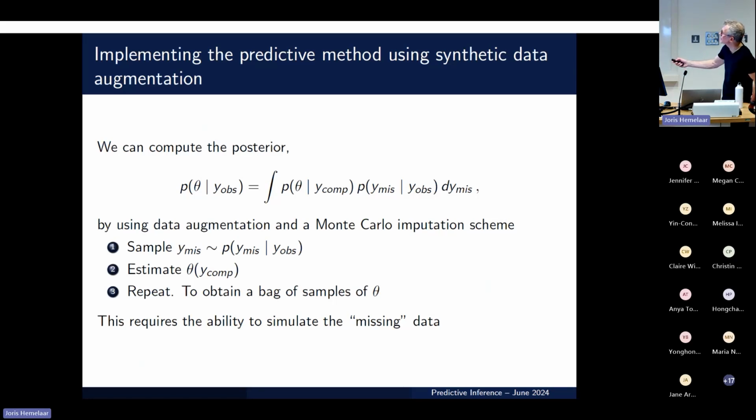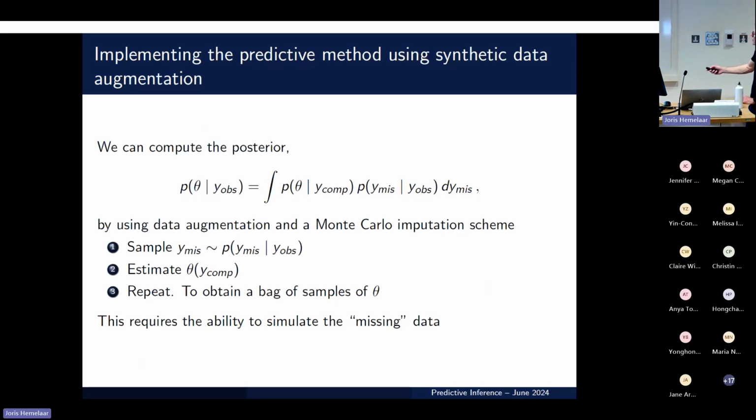And then I would repeat it in an imputation. I'd throw that data table away, fill out a new data table using this predictive model, pick off the parameter, and repeat that over and over again. And I'd get a bag of samples.